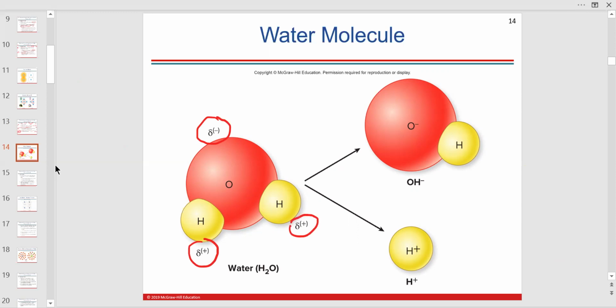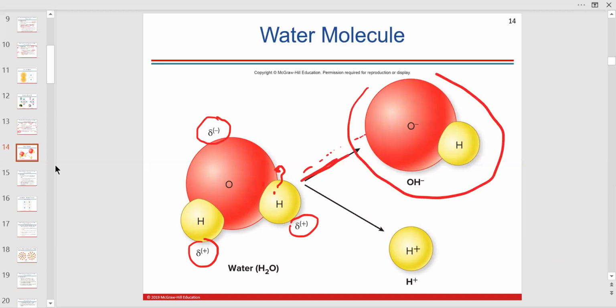The bonds between these two are polar covalent, right? But this bond between the hydrogen and the oxygen would be a hydrogen bond, though this is not really drawn to scale. It's breaking up, right? And what does it break up into? Hydroxide and hydrogen, both ionic.